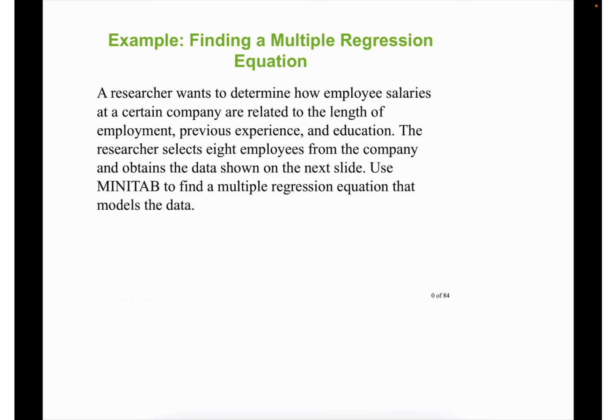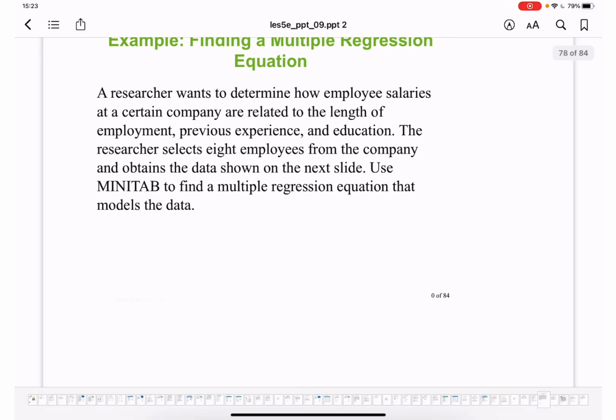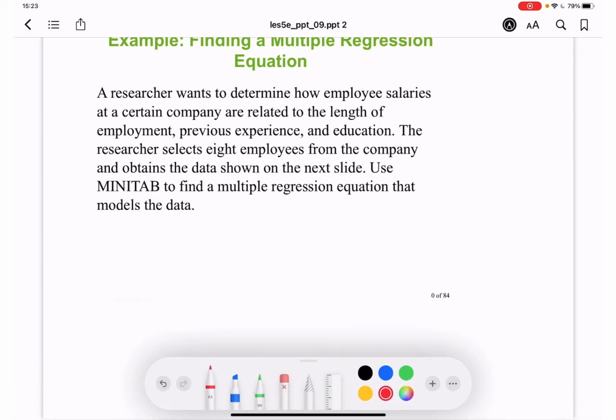Example, finding a multiple regression equation. So, what we're going to do here? A researcher wants to determine how employee salaries at a certain company are related to the length of employment. So how does it work? The longer you work, the better the money is. Also based on previous experience.